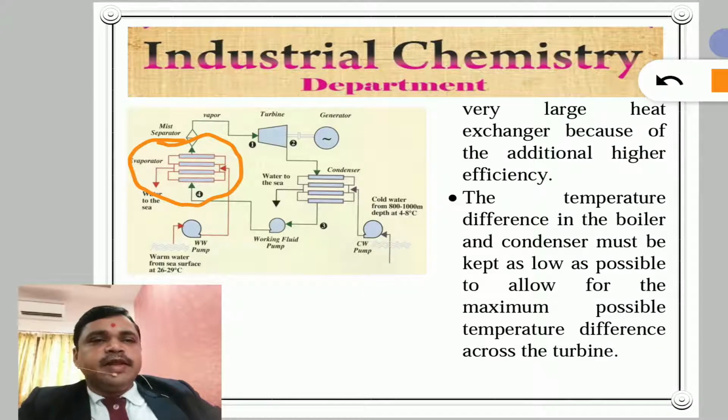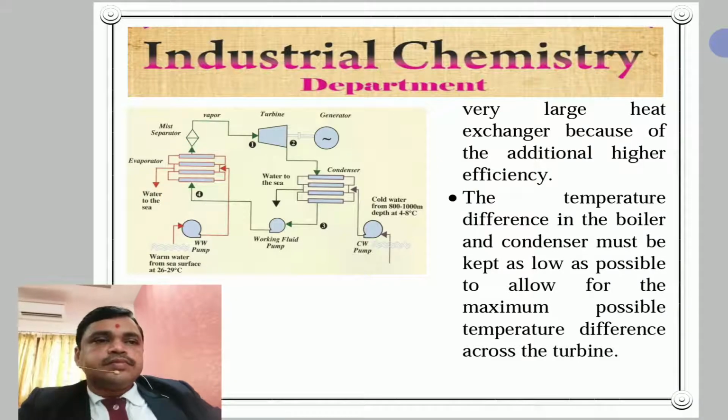It is also a very important point. The temperature difference in the boiler and condenser must be kept as low as possible to allow for the maximum possible temperature difference across the turbine. This is the introduction and main advantage compared to the open cycle OTEC system.